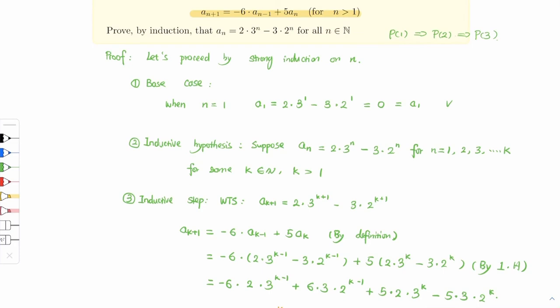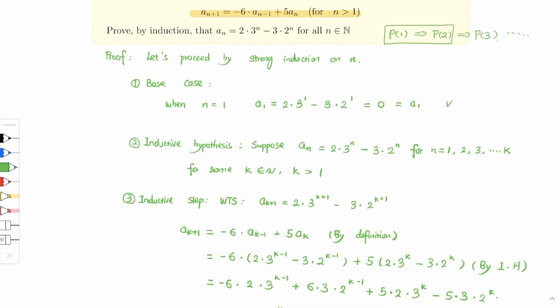That means, recall our principle. We need to have P of 1 implies P of 2 implies P of 3 and so on. It doesn't work when k equals 1. So we don't know P of 1 implies P of 2.